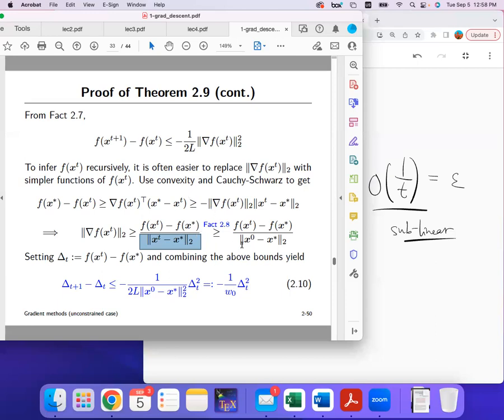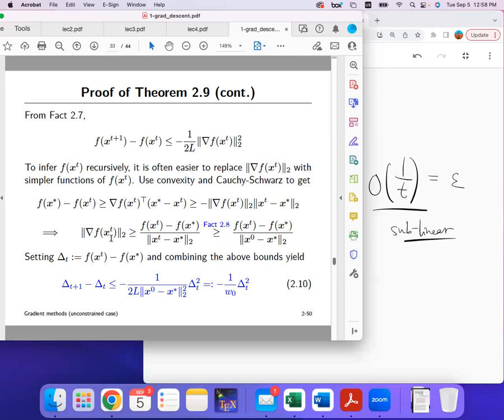So this distance at the initialization iteration is bigger, but it's in the denominator, so this is greater than or equal to. This is a smaller term. We want to do this because we want to fix the denominator as a constant, so that we can iteratively solve this inequality.